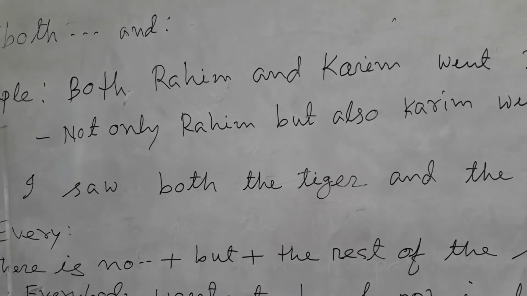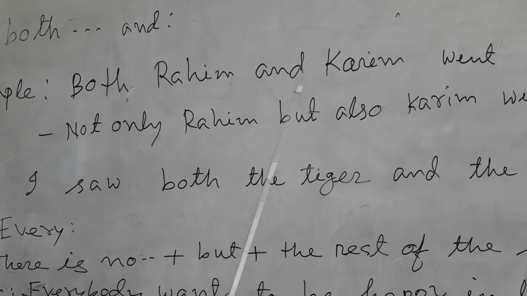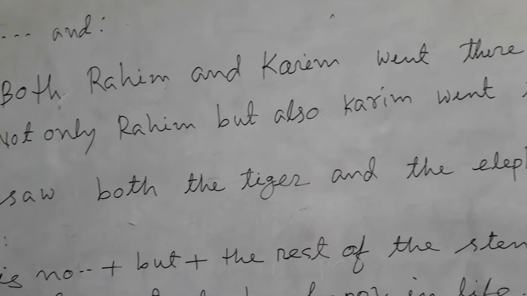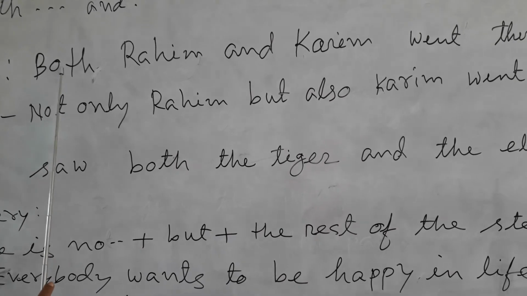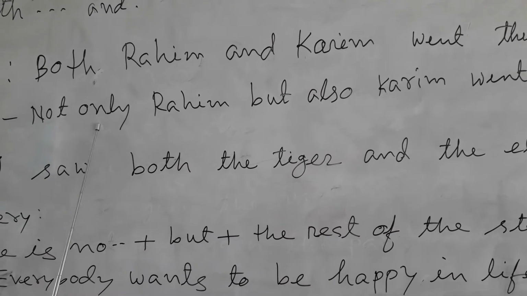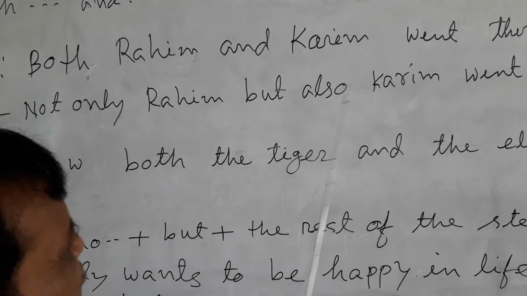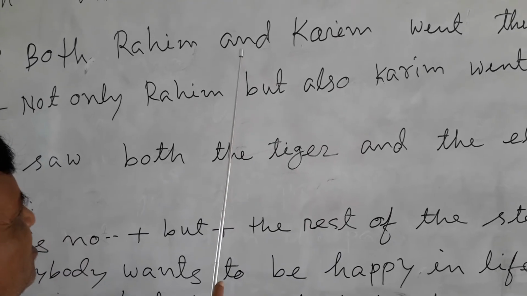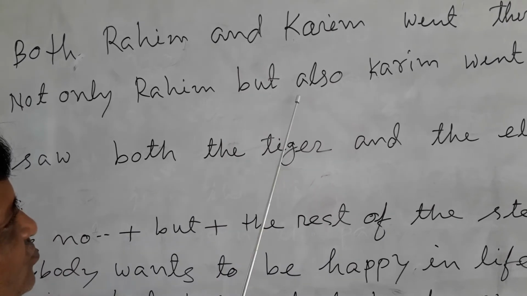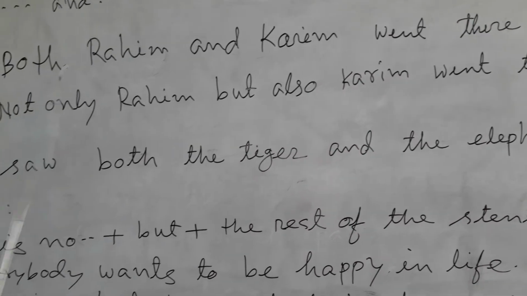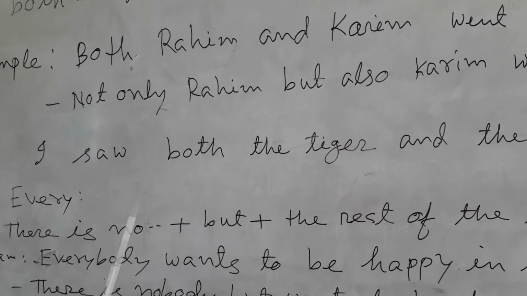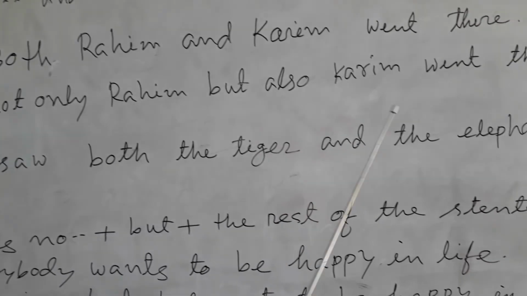For example: Both Rohim and Karim went there. Not only Rohim, in place of both, but also Karim, in place of and, went there. The sentence: Not only Rohim but also Karim went there.